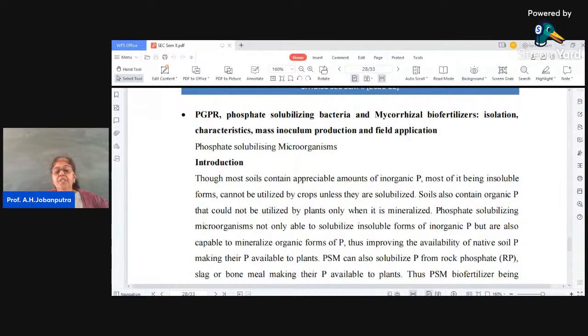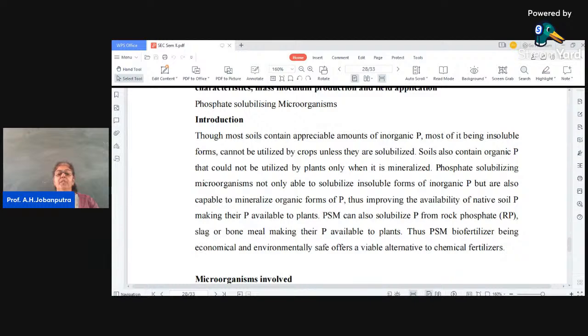If a lot of insoluble phosphate is present in the soil, then plants cannot grow properly in that soil, and even the plants do not get the phosphates which are provided to the soil. So in that case, the insoluble form of phosphate can be converted by such bacteria to soluble form, and by solubilizing the phosphate, it can provide the plants with those phosphates as biofertilizers.